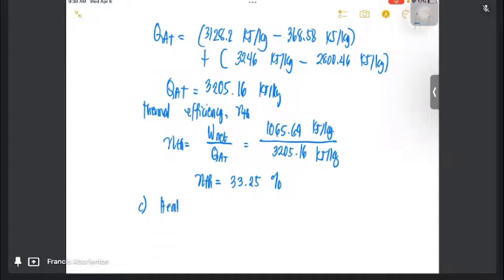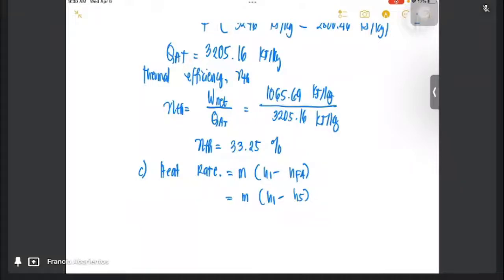The general equation of the heat rate: the mass times H1 minus H5, that is the heat rate.